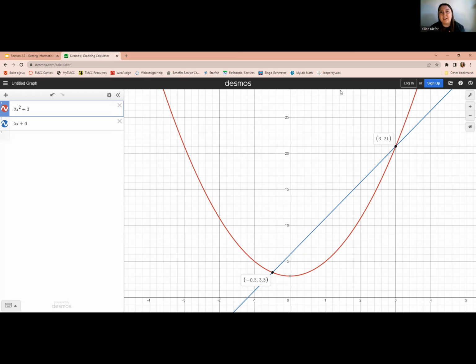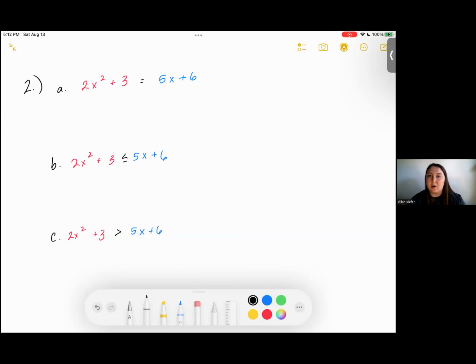So let's go ahead and write this answer in our notes. All right, so here we are in our notes. Now we want to write out where they're intersecting. But remember, we're picking out those x values.